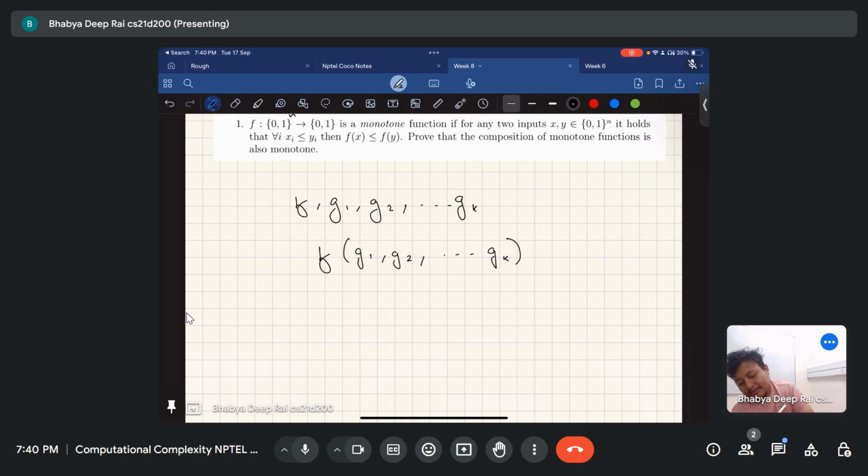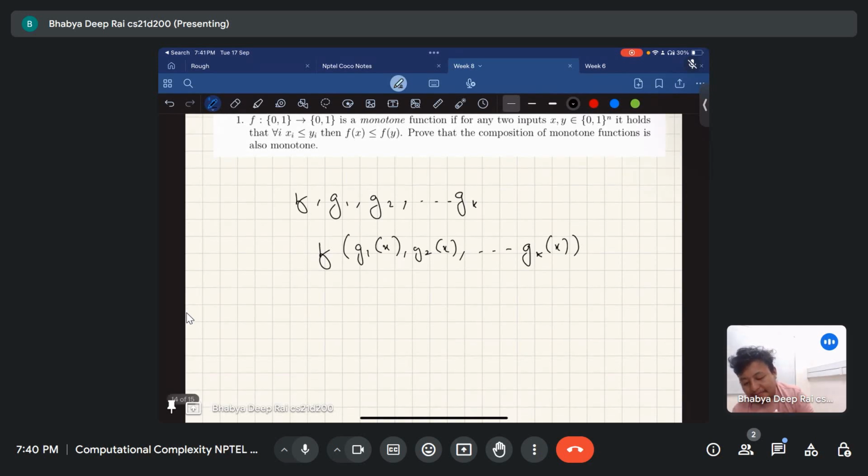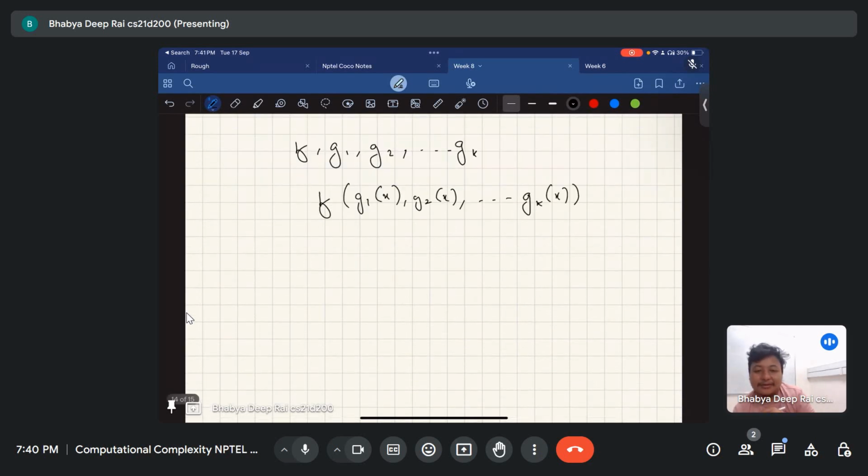Wait, g1 of x, g2 of x, and so on till gk of x. You'll realize that if f and g1 to gk are all monotone, then the composition finally will also be monotone.